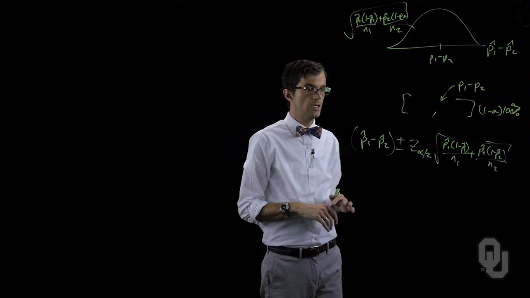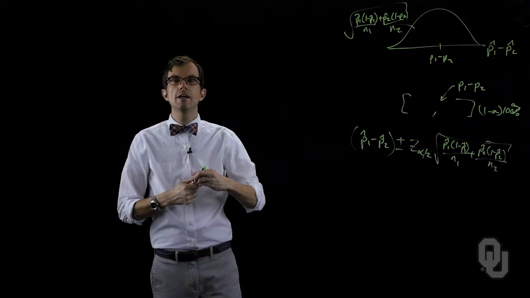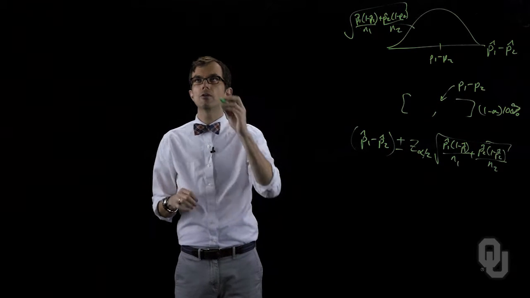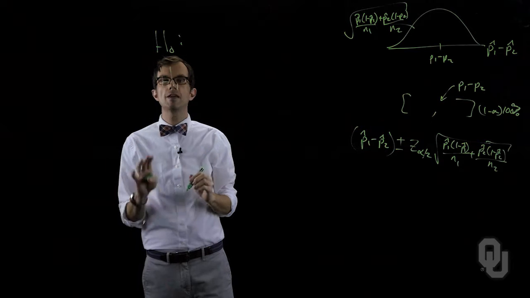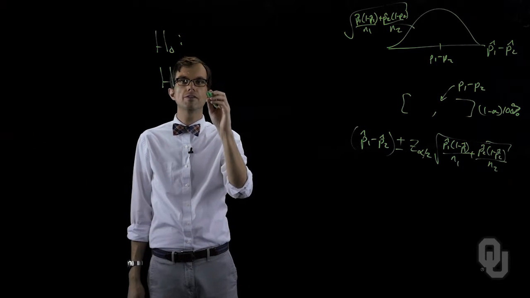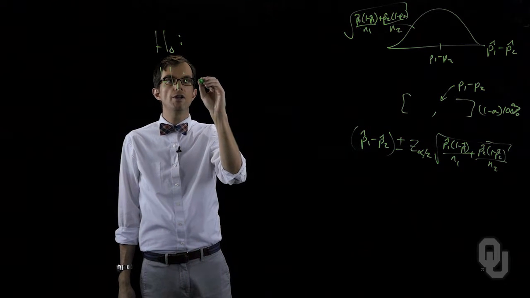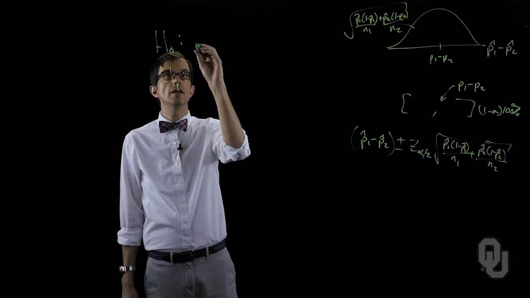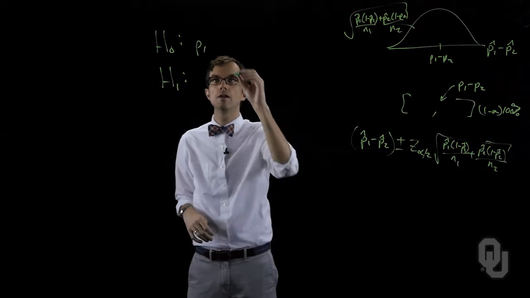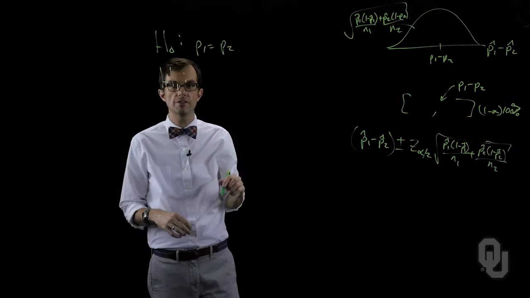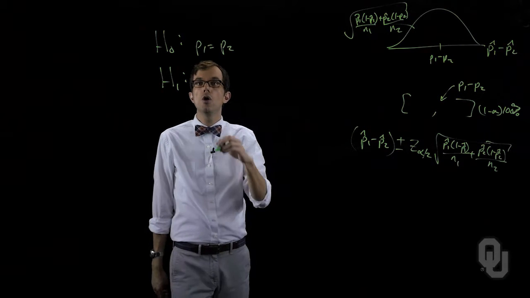Okay. For hypothesis testing, variations on a theme, variations on the same theme that we've been talking about for quite some time now. We could want to know, for example, is P1, the proportion of successes in population 1, equal to the proportion of successes in population 2?